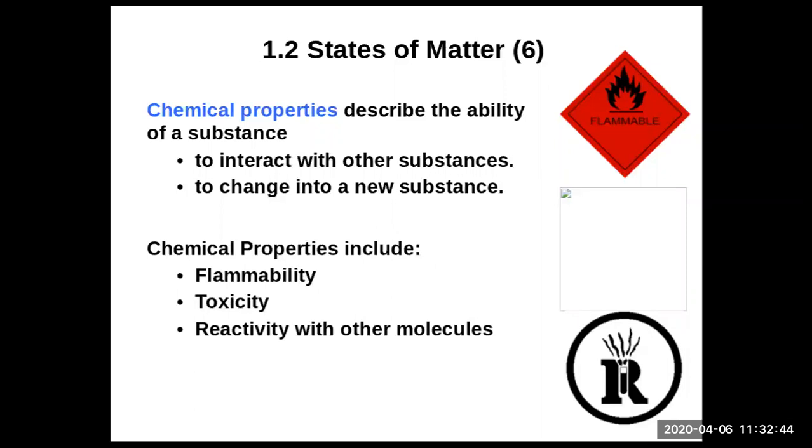Toxicity is another example of a chemical property, because when something is toxic, it's usually because it reacts with, for example, toxic to a human means that substance will react with the water in your body and become a dangerous substance, or react with other molecules within your body and make toxic substances. So all of these are called chemical properties, reactivity with other molecules.